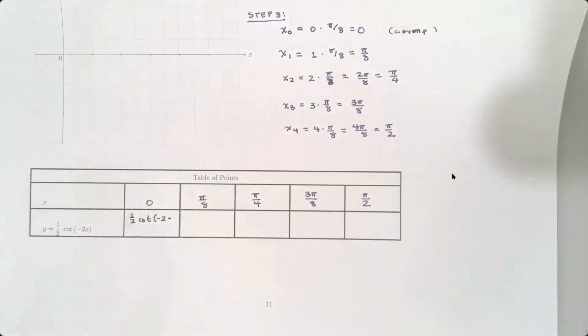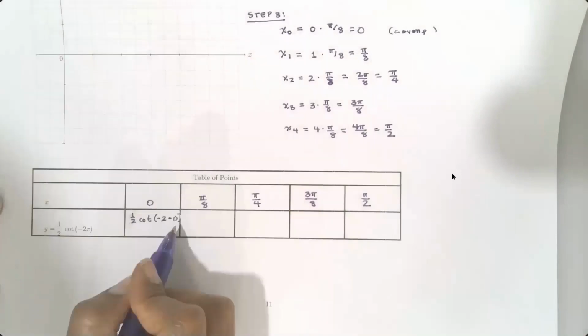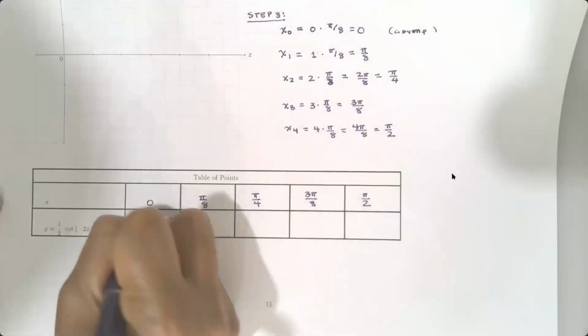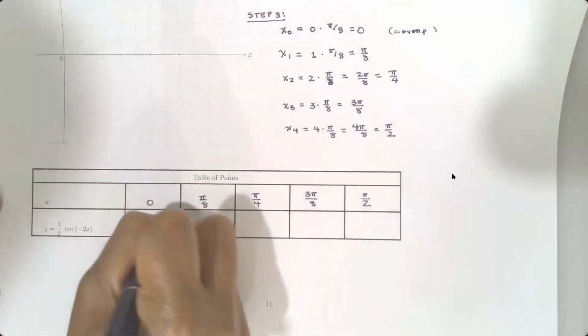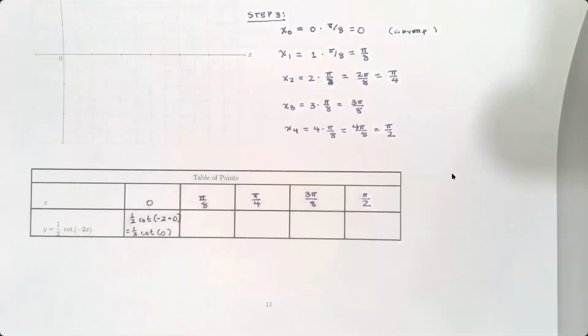All right, so we've got a -2 times 0, and this is going to be 1/2 cotangent of 0. Okay, so then let's go back to our unit circle.